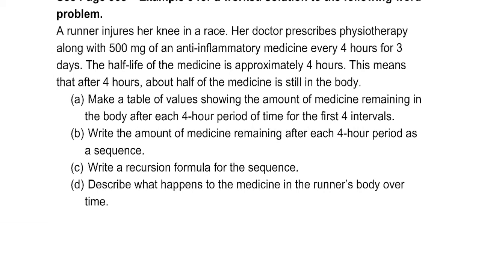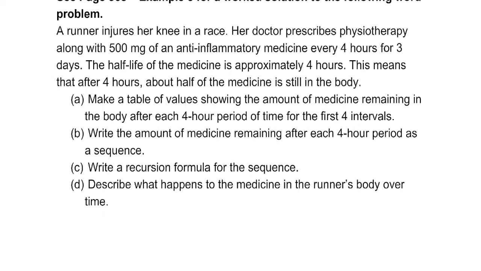Anyways, here we'll make a table of values to show how much medicine is remaining in the body after each 4-hour period of time. Then we want to write it as a sequence, perhaps come up with a recursive formula, and then describe what happens to the medicine in the runner's body over time.